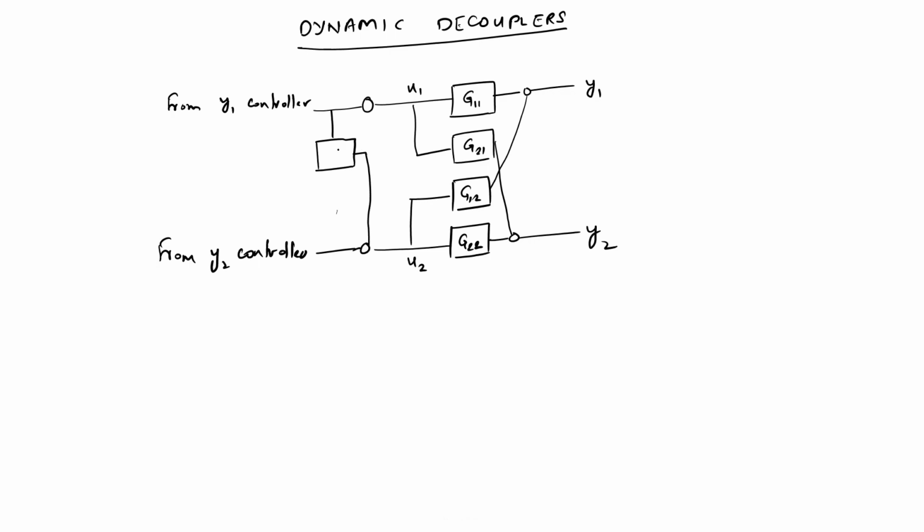What should I put in here so that when U1 is changed by the Y1 controller, counter action is taken by U2 so that this is exactly the opposite of this, and when you add these two signals up, the deviation in Y2 is actually 0. And from our knowledge of feed forward control, we know that what should go in here is actually minus G21 by G22.